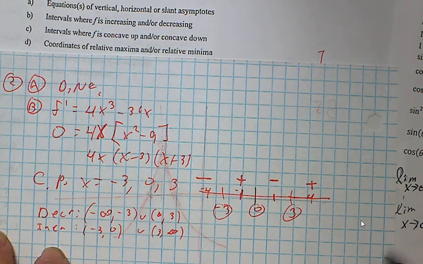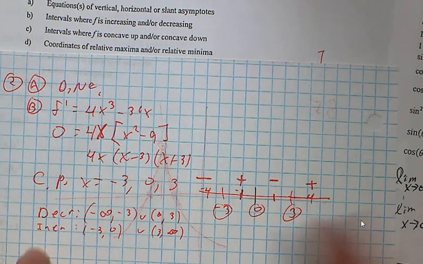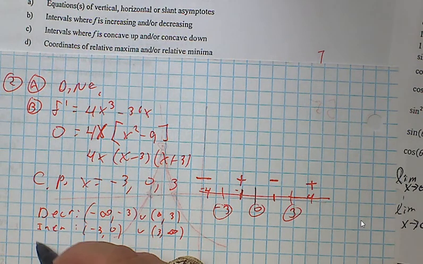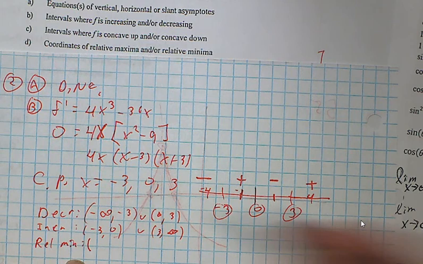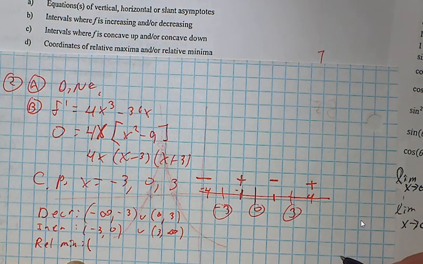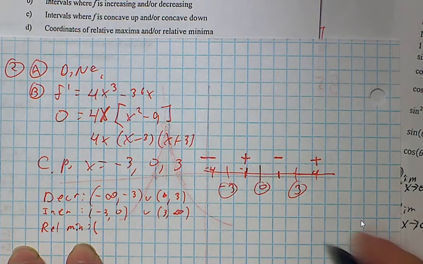This graph has mins, relative mins, at what? At -3. Go find your y value in the original equation.